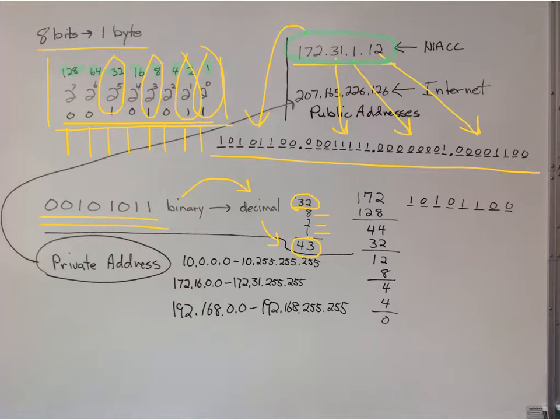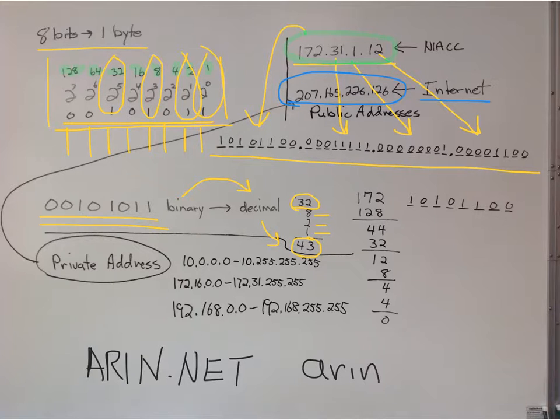So then I asked them, what's their address out on the internet? And he said it was this one. So if you did like, what is my IP, the best place to go look would be arin.net. The American Registry for Internet Numbers, you can look it up.